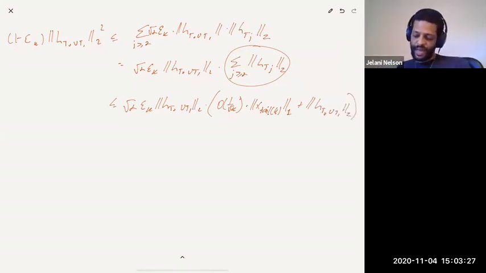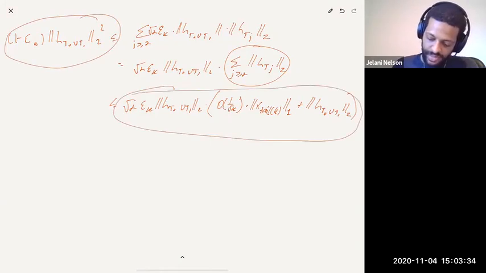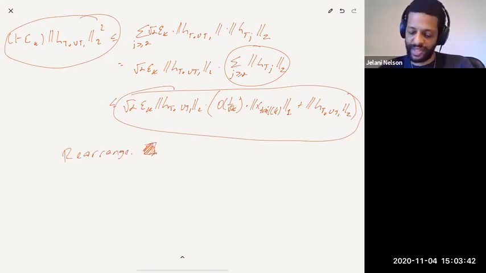Okay. So now everything looks great. You've basically bounded something in terms of itself, and now you just rearrange. And let me not do that on the board because it's just basically some algebra moving things around, but you can check the notes. I'll put it in the notes. So that's that.